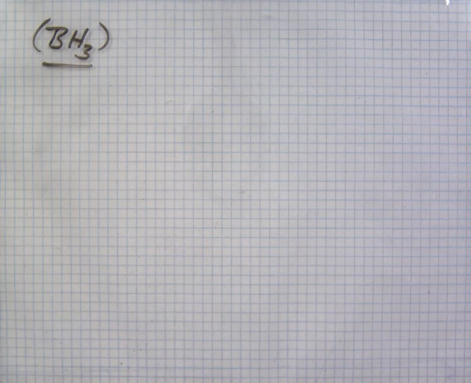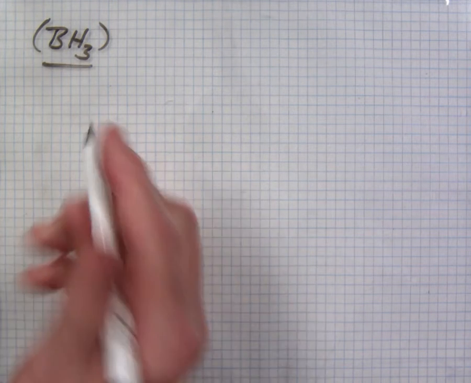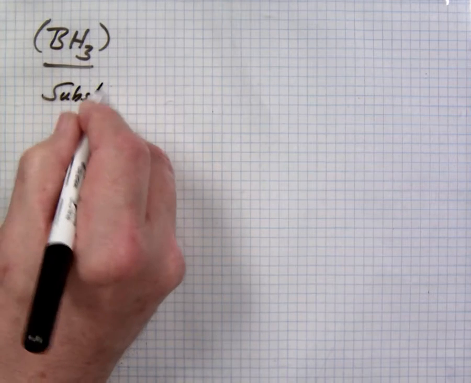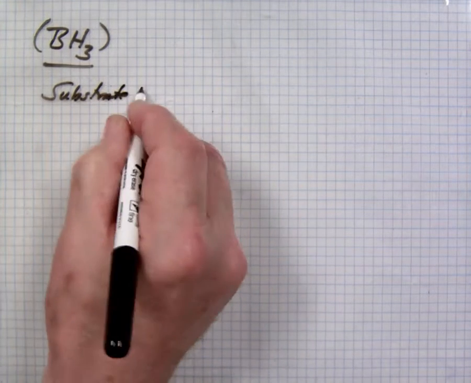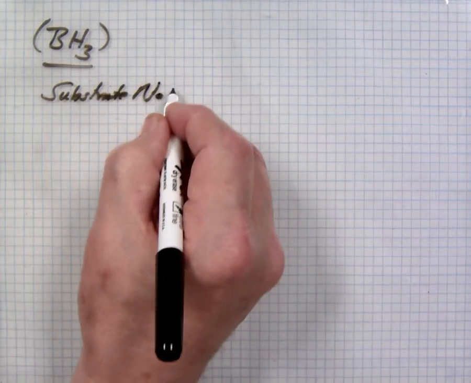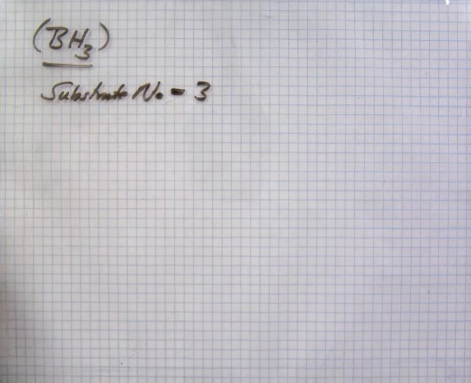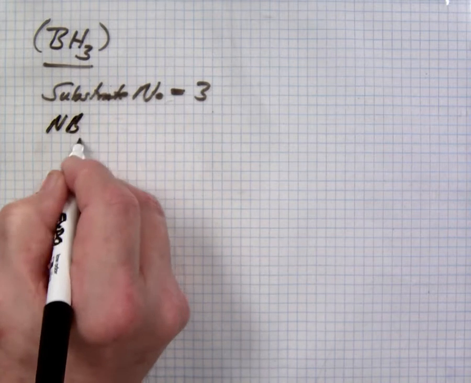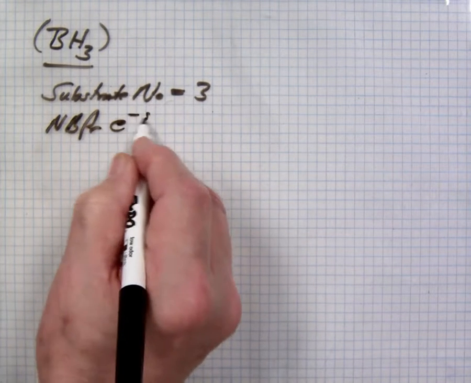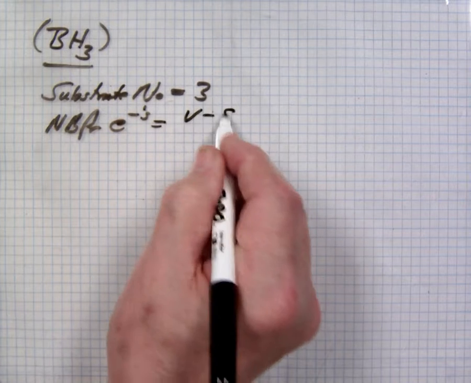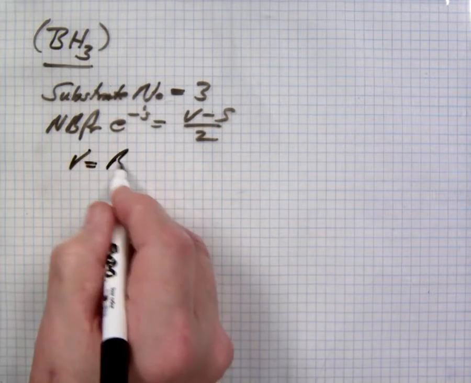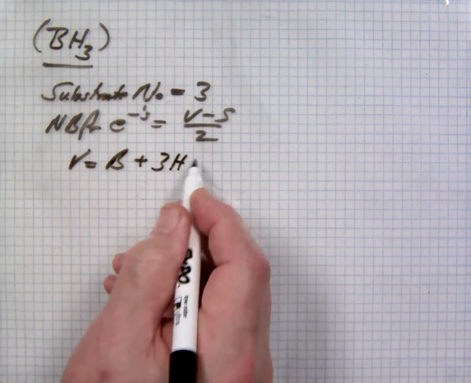Trihydride in this structure. So we need a substrate number, and that's equal to a 3. That's easy enough. You just look at the molecule, okay? And you need the non-bonded pairs of electrons, and that's valence number minus substrate over 2. So we'll get the valence number is boron plus 3 hydrogens.